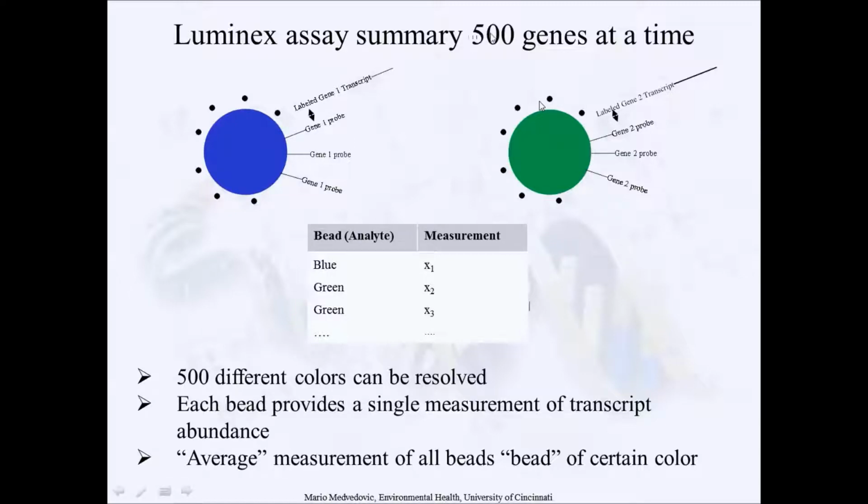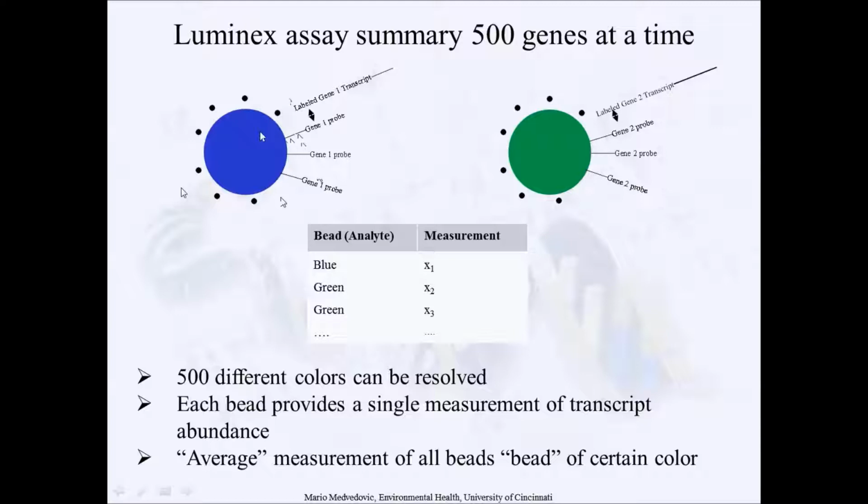So the assay is actually designed originally to measure 500 genes. And the way it does it, there are 500 different types of beads, or beads with 500 different colors that can be resolved by the instrument. And beads, these are very small, tiny beads, and they're coated with the probe.